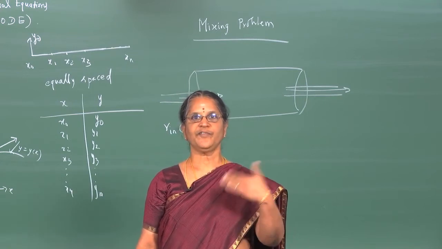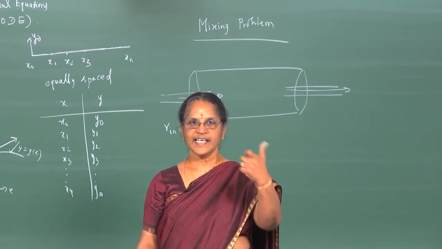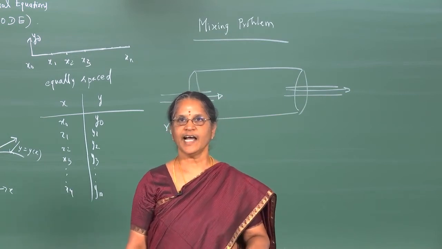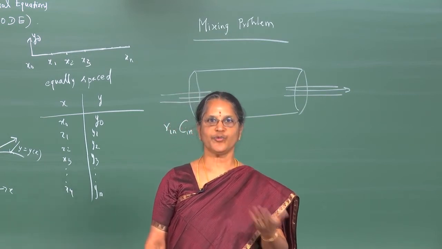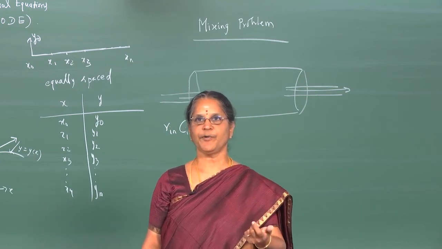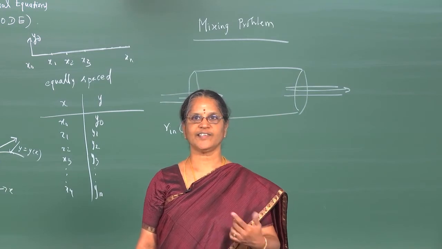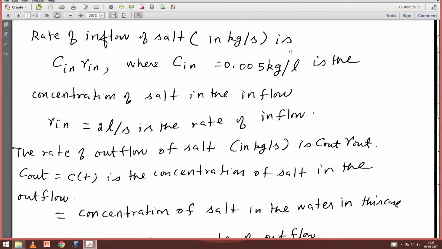So, the rate of inflow of salt will be C in multiplied by R in, where C in is known to us. It is given to be 0.005 kilograms per liter. That is the concentration of salt in the inflow. The rate at which this solution is pumped in is also given, which is 2 liters per second. So, R in is the rate of inflow.